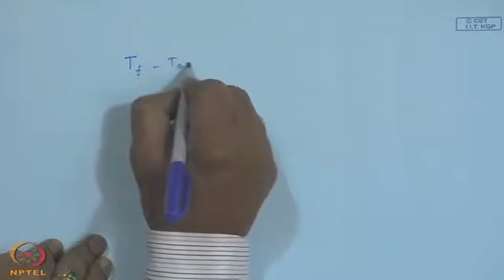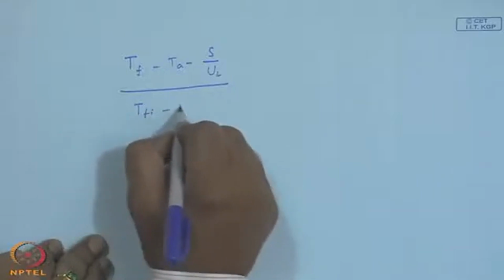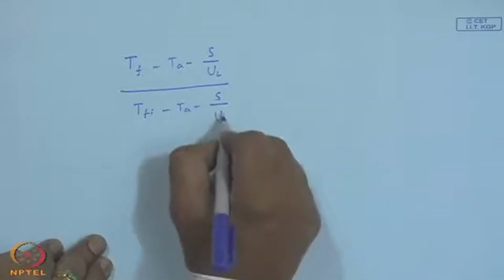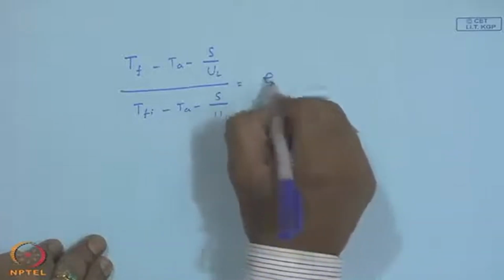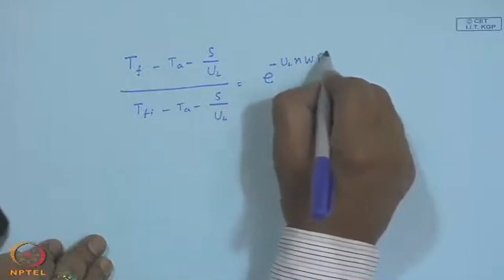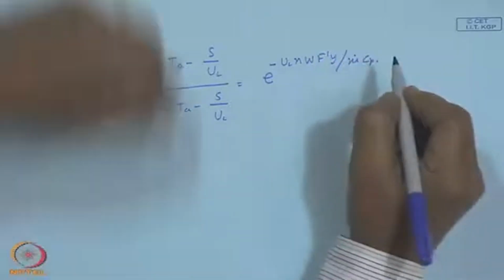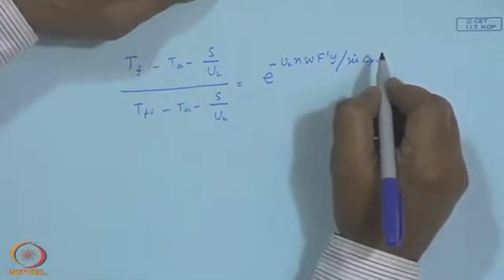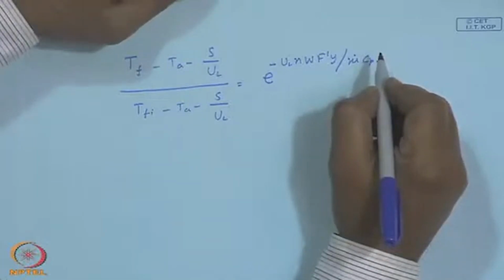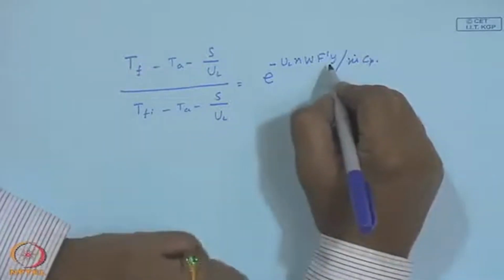So, we have the temperature variation relation (T f minus T a minus S upon U L) by (T f i minus T a minus S upon U L) is equal to e to the power minus U L n W F dashed y by m dot C p, where U L is the overall loss coefficient, n is the number of tubes, W is the spacing between center of the tube to the center of the tube, F dash is the collector efficiency factor and y is the distance along the tube.